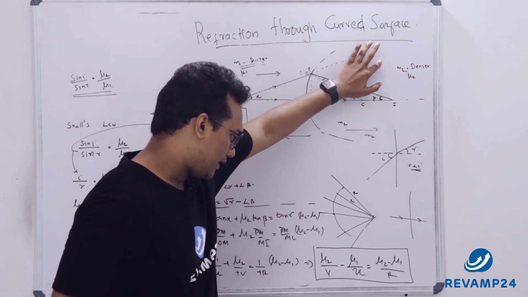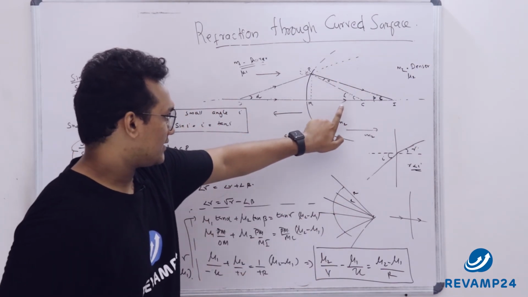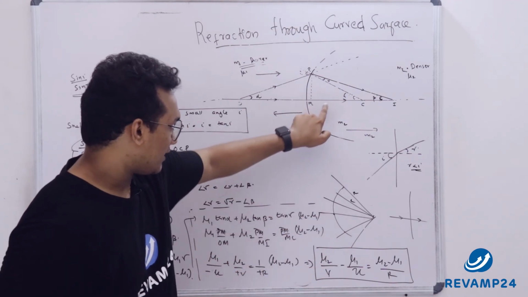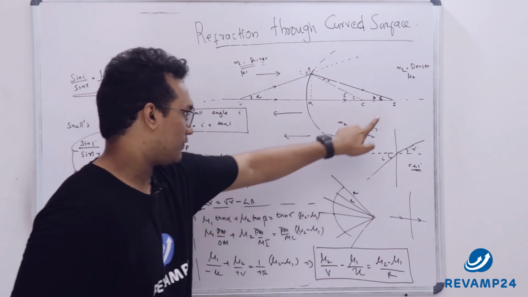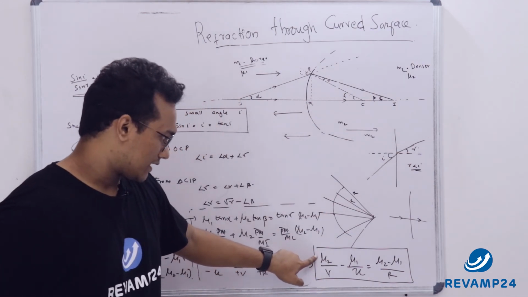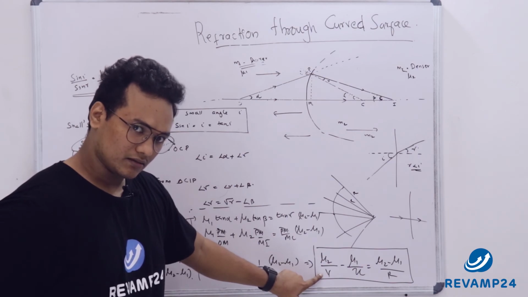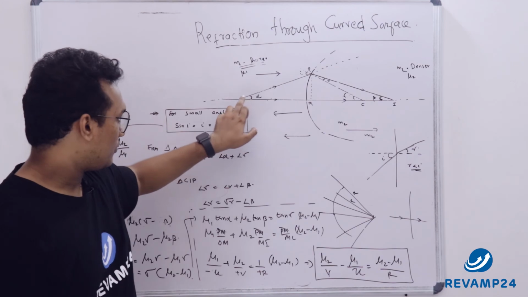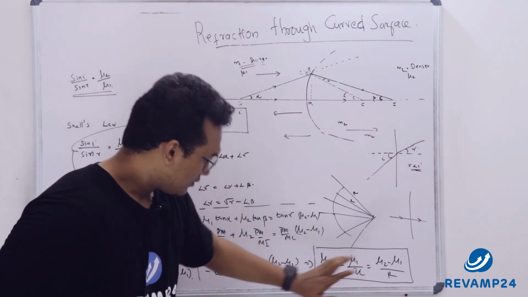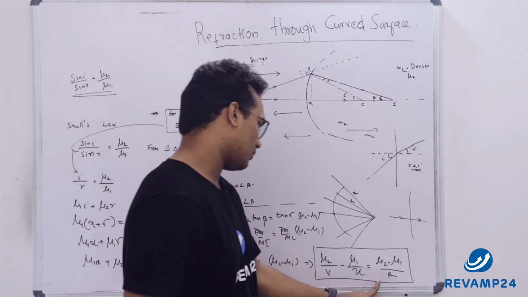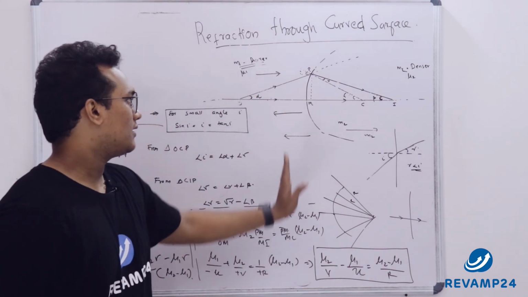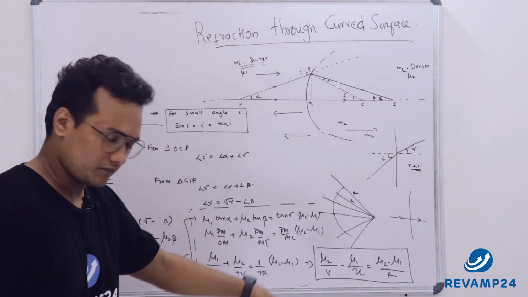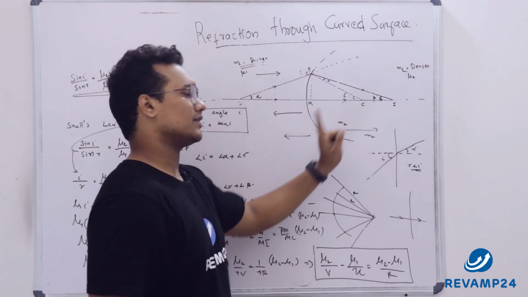Refractive index of second medium divided by image distance, since the image V is in the second medium, minus refractive index of first medium divided by object distance, is equal to mu2 minus mu1, that is the difference in the refractive index of second medium with respect to first medium, divided by radius of the curvature.